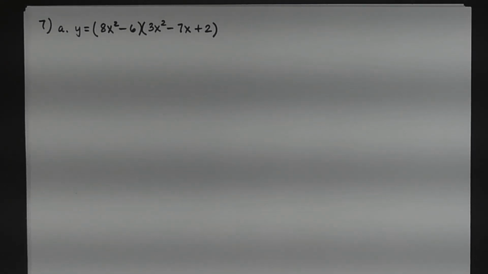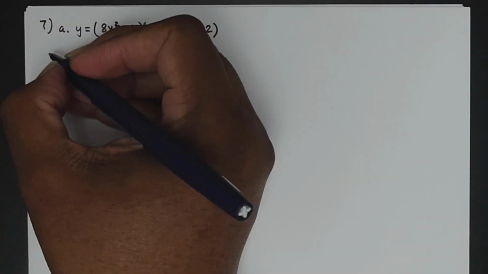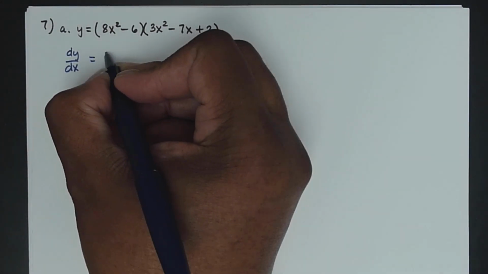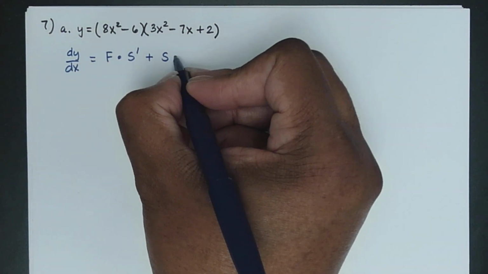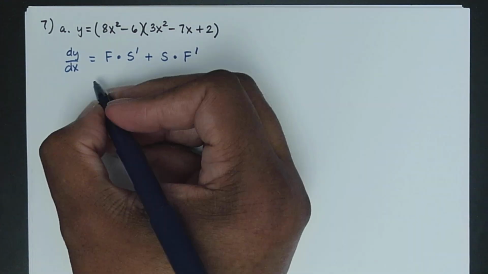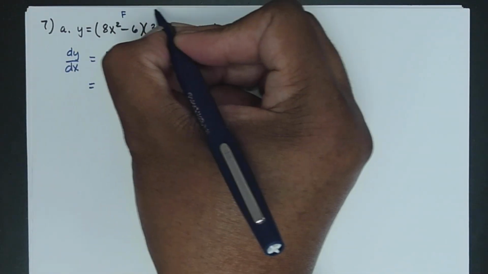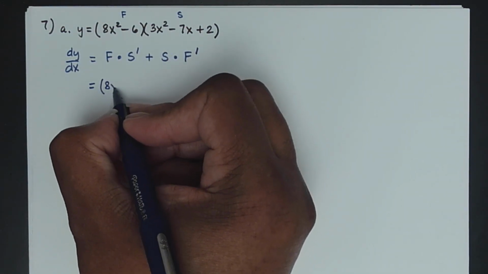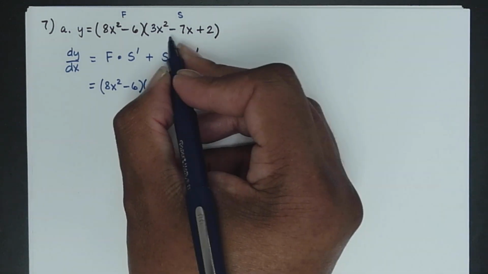So here's what we're going to do here. If you recall the product rule, which is of course dy dx, that's going to be the first times the derivative of the second plus the second times the derivative of the first. And in this case, this is the first, and that's the second. So here the first is your 8x squared minus 6 times the derivative of this second piece right here.